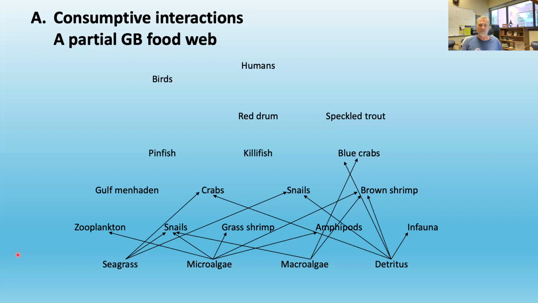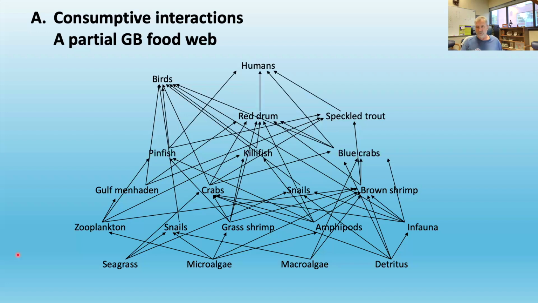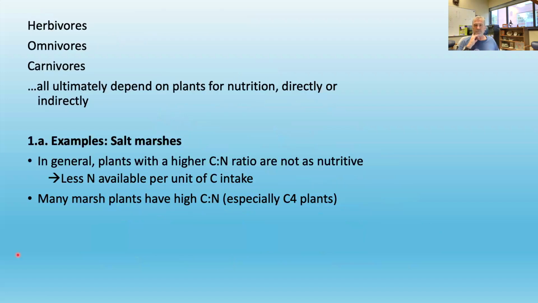So these are going to be your herbivores, your detritivores. Then you might have your second level consumers and so on and so forth as you work your way up these trophic levels. But what is the relative magnitude of each of these interactions? And in the cases where you have one organism that might be feeding on several different things, what's the relative importance of those in terms of those interactions?